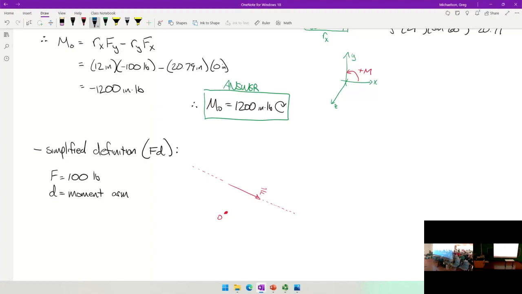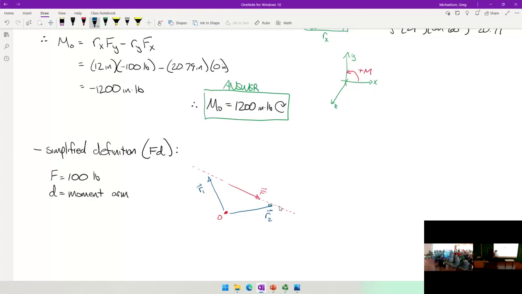Now, I could define all sorts of position vectors, like an R1, an R2, oodles and oodles of position vectors, and I don't care which one I cross with F. Doesn't matter. I'm going to get the same moment. Okay? But what is the moment arm?